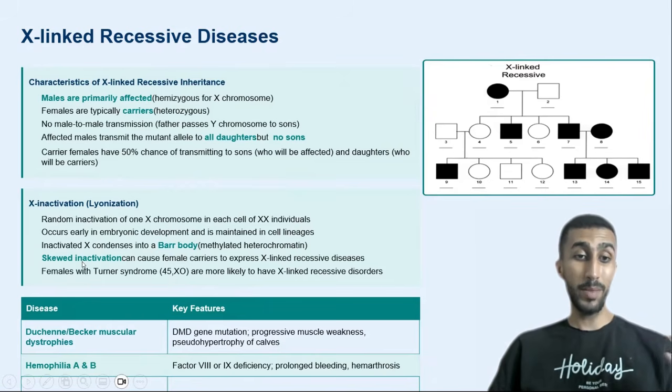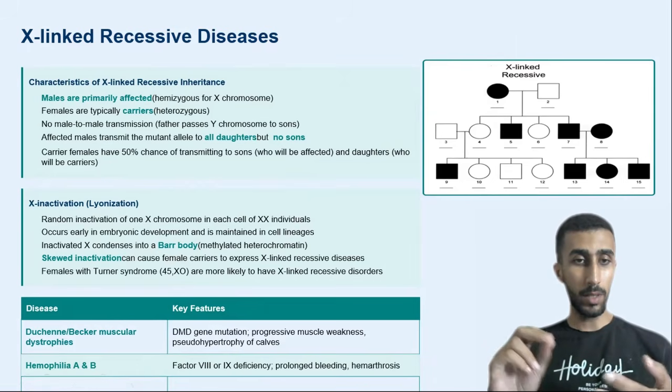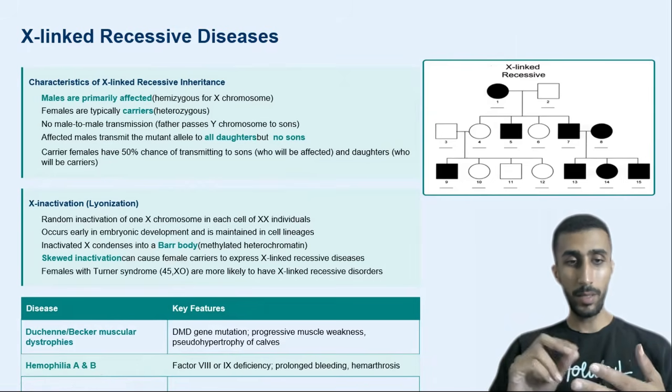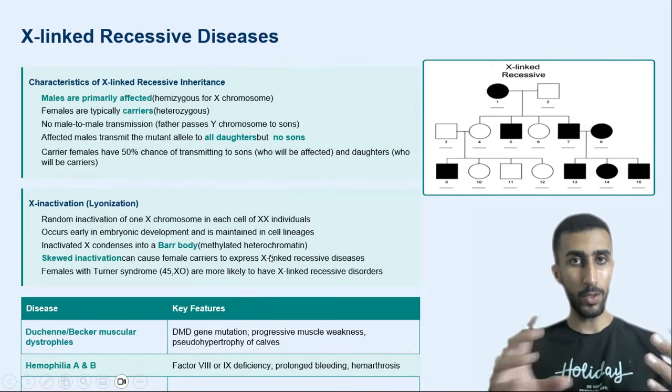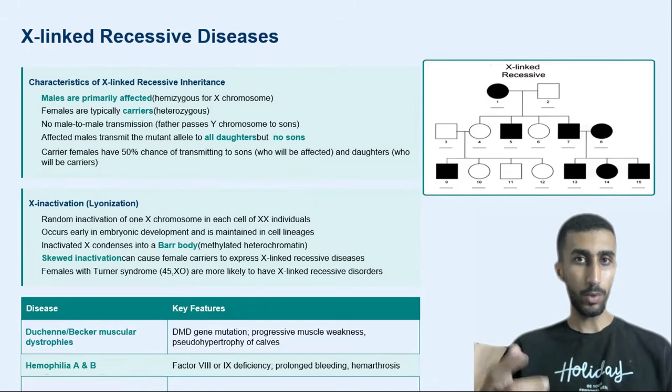But if there's some skewed inactivation that is specific, like the X chromosome that is normal is inactivated in all of the cells, and the other X chromosome is the one with the mutant allele, then we've got a picture more like the XY chromosomes in males.